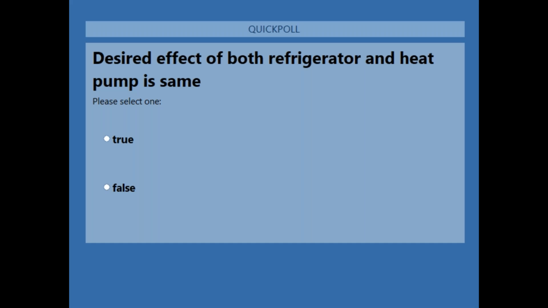So I'll close the poll. 78% of the students have answered it correctly. The answer is that the desired effect of both the refrigerator and heat pump are not the same. So the answer is false, of which 80% of the students have got it right.